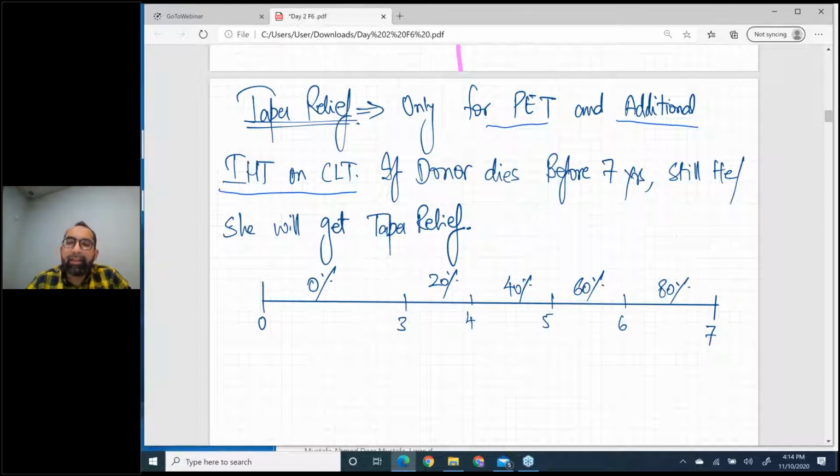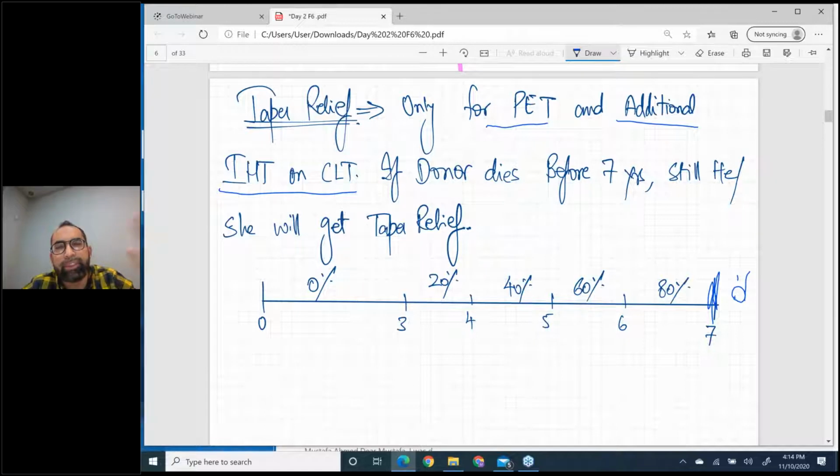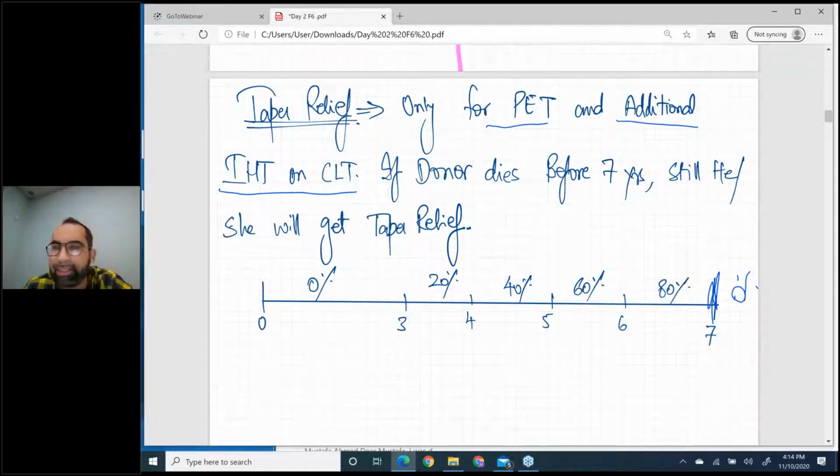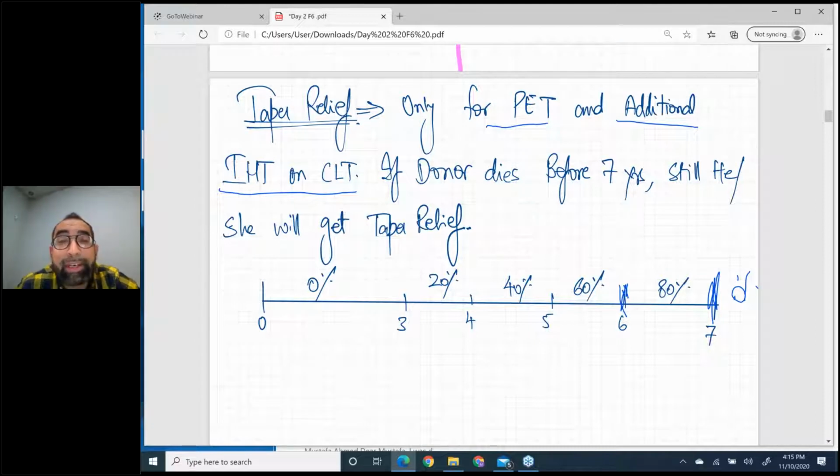Look at the screen. If you die after 7 years, then 0% tax, 100% exemption. But if you die after 6 years and before 7, you will get 80% waiver. You will get 80% exemption of tax, that is taper relief.